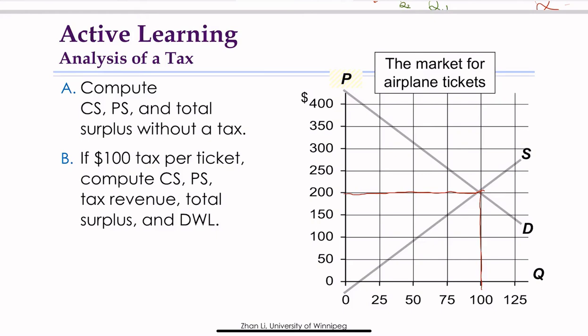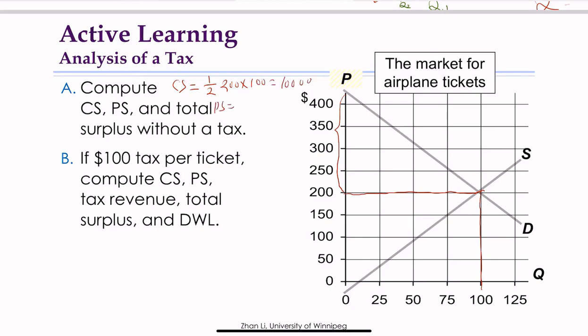So consumer surplus is given by 1/2 times height times base. What is the height here? The height of the triangle is 200, times base. The base is 100. So this gives us 10,000.